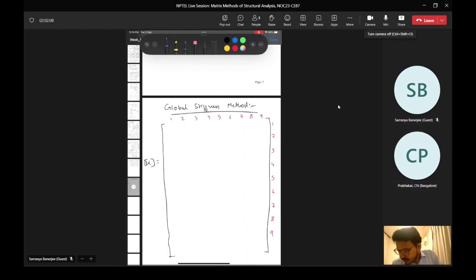What I'll do is I will write the stiffness matrix for element 1. Right now I am just copying the stiffness matrix of element 1. You just check whether I am copying it correctly. I can also use different colored pens, so this would be easy to explain.